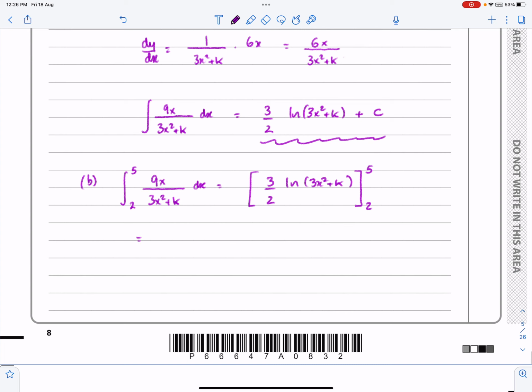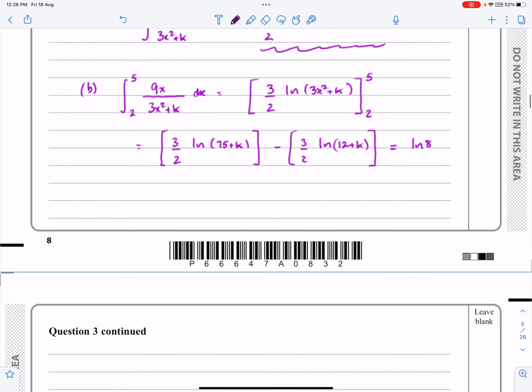So if I stick 5 in, I'm going to get 3 over 2 log, 5 squared is 25, 3 lots of 25 is 75, so it's going to be 75 plus k, that's putting the 5 in, minus 3 over 2 log, and if we put 2 in, 2 squared is 4, 4 times 3 is 12, so 12 plus k. And we now know that all of that works out to be equal to log 8.